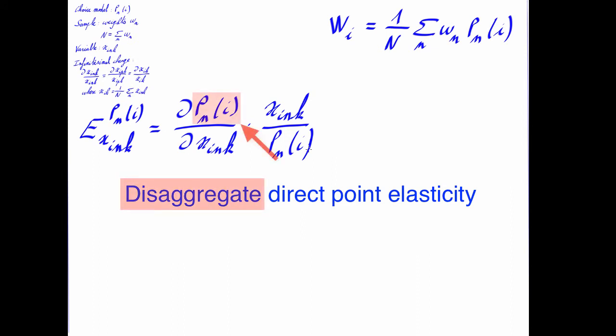Disaggregate because it refers to the disaggregate choice model. Direct because it measures the modification of the choice probability of alternative i as a function of a modification of a variable of the same alternative. And point elasticity because we are considering an infinitesimal change at a given value of the variable.